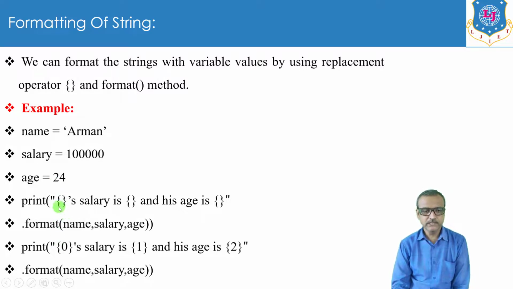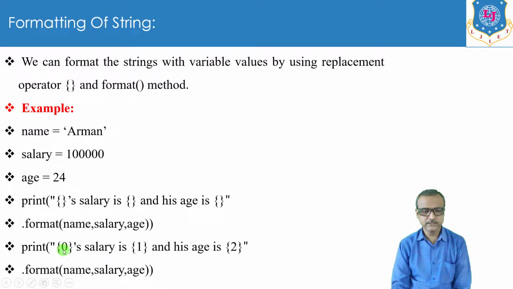Now, instead of writing only these replacement operators, we can assign indexes starting from 0 onwards also. For example, print, and in this replacement operator we have written 0, then in this replacement operator 1, and finally in this replacement operator 2.